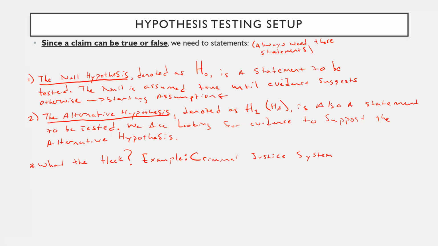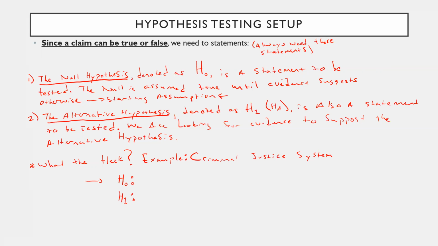They start with the assumption that Matt, myself, is innocent. That's the null hypothesis. So we're starting with you're innocent. And the alternative is what the district attorney or prosecuting attorney is looking to show: evidence to say, no, Matt's guilty, he did it. So this is how we're going to write our hypothesis statements. We're going to write two statements, one on top of each other.